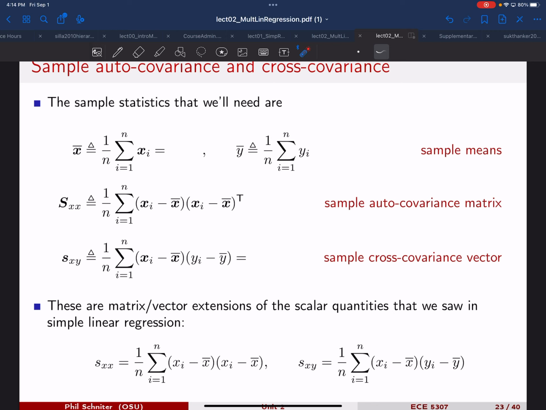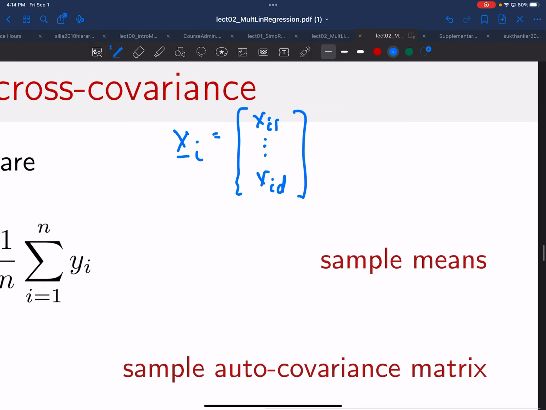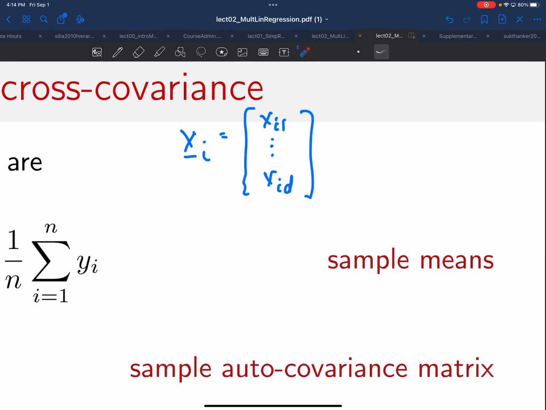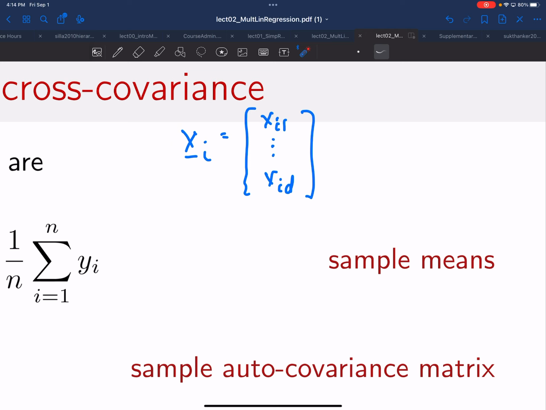Okay, so just to try to bridge the gap a little bit, let's remember that the ith sample contains x_i1, x_i2, all the way to x_iD, right? That's what the ith sample in our data set, the vector, consists of. And so what happens if I average the first term over the different i? What do we get?